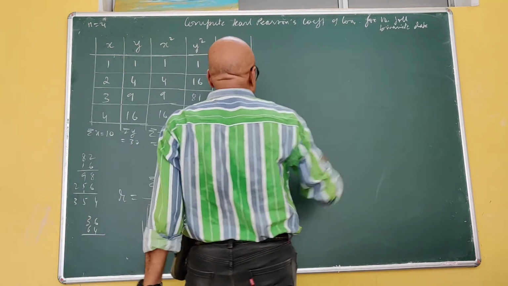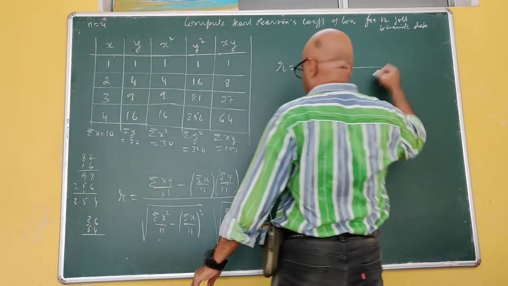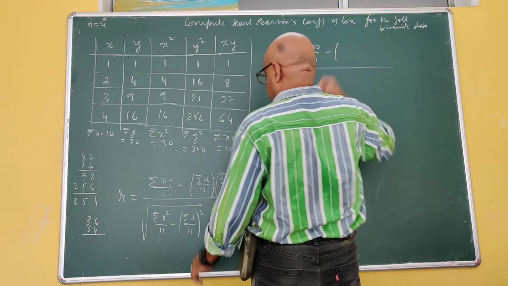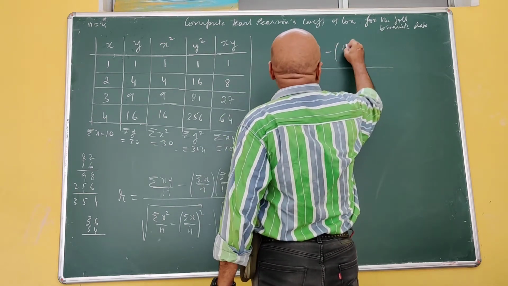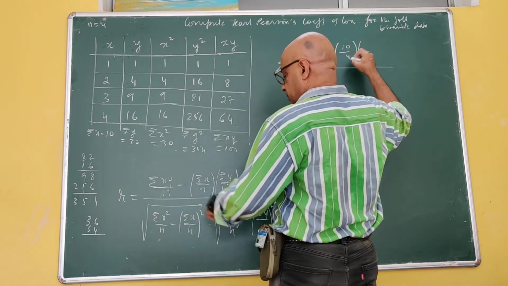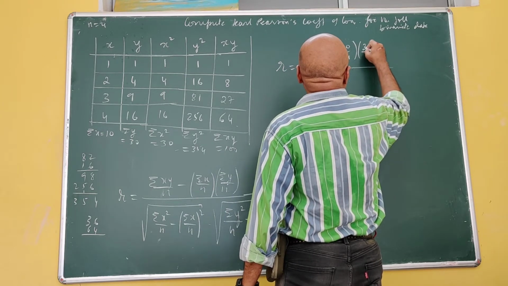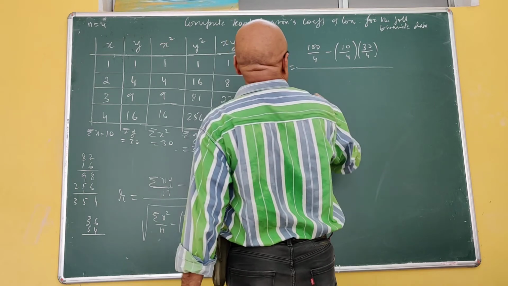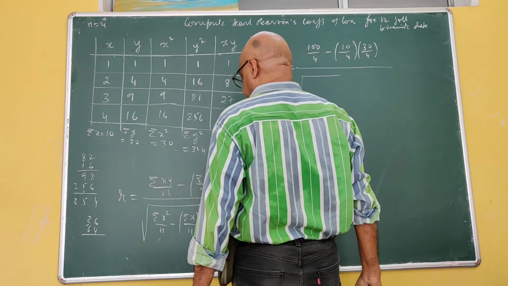Wow. So therefore r is going to be, you have 100 here, divided by 4, minus you have summation x, that's 10 divided by 4, your summation y, that's 30 divided by 4. Of course, right. And what do you have down below?